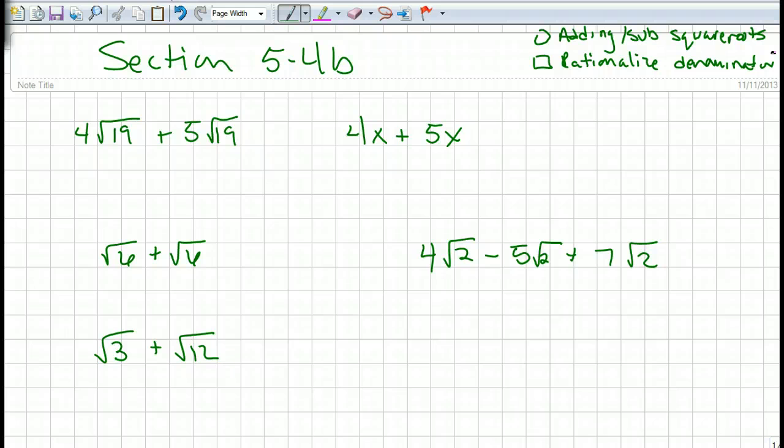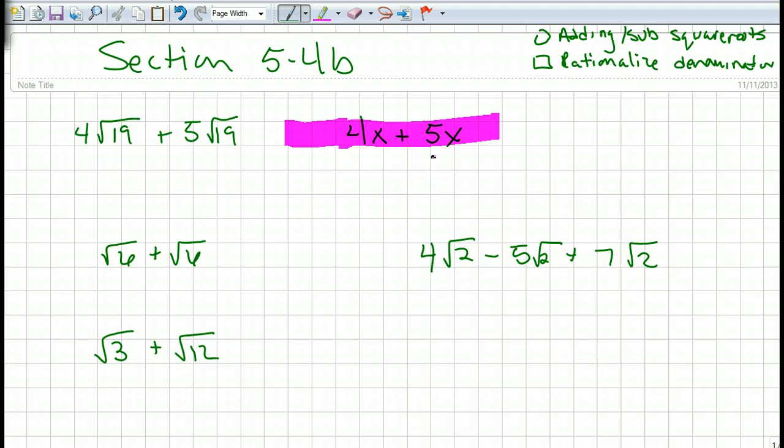So the first one I want to look at here is we have a 4 square root of 19 and a 5 square root of 19. What I want you to focus on for a second is this right here. Because this, with the square root of 19, is really no different than 4x plus 5x.